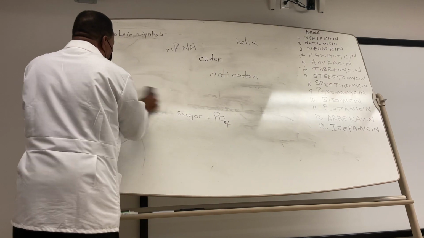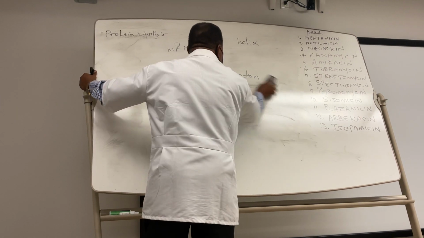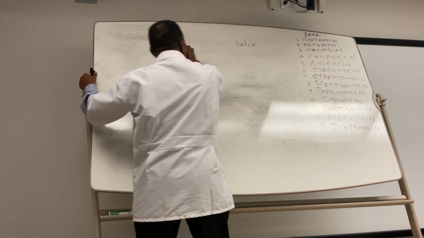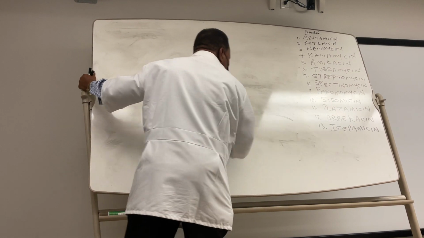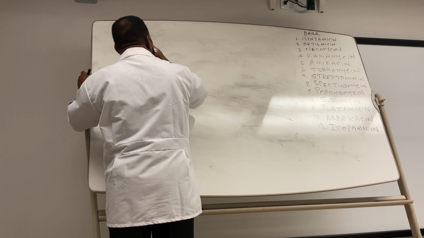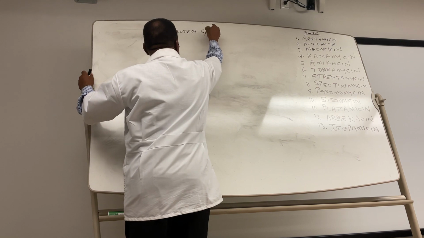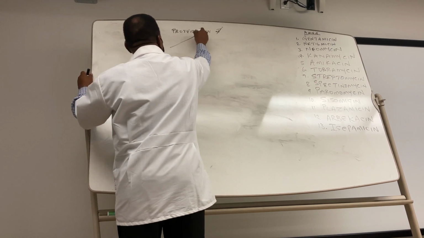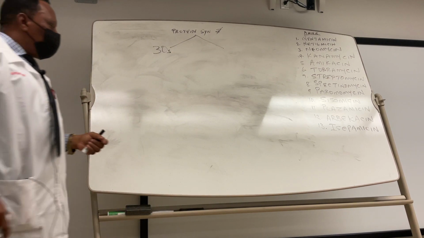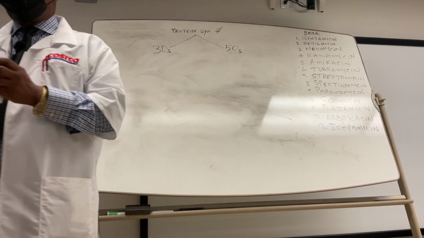So your protein synthesis inhibitors can be classified based on the mechanism of action, which basically means whether they bind to the 30S ribosomal subunit or to the 50S ribosomal subunit in the bacteria.